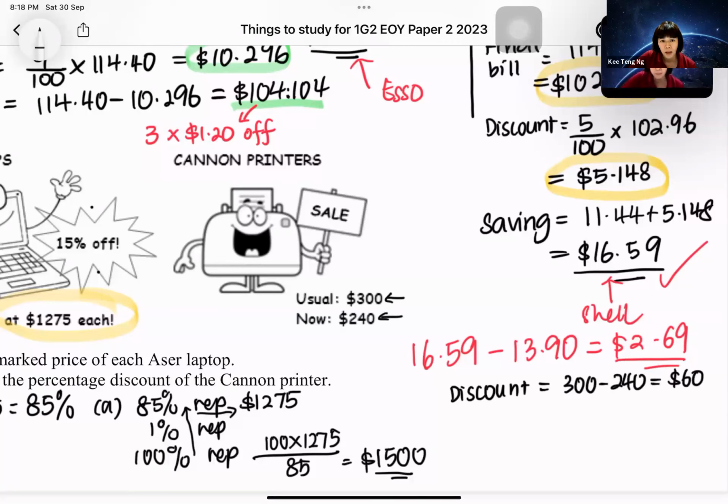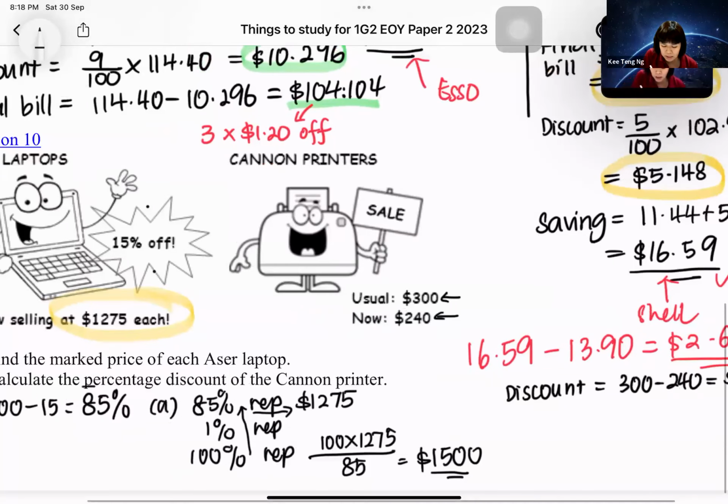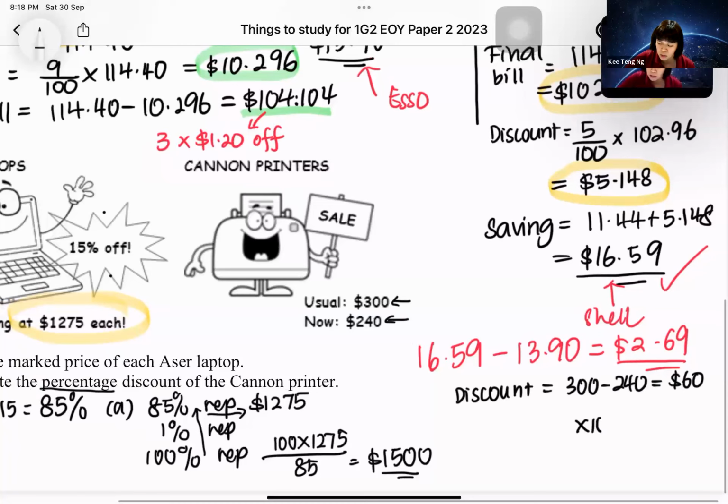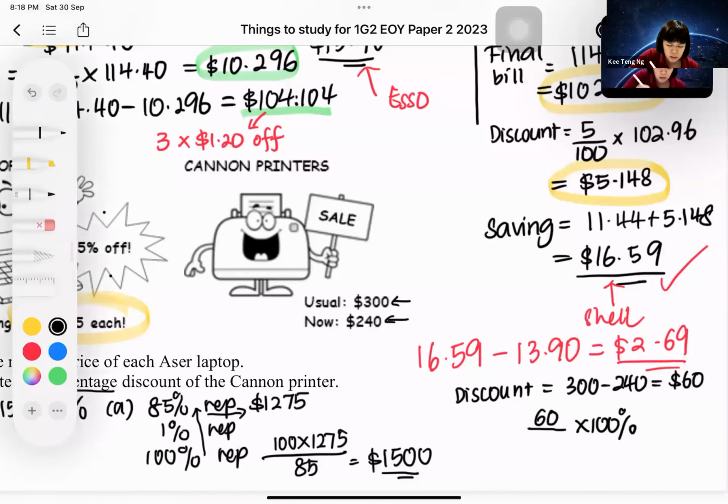Am I right? If I want to find the percentage, I need to times 100%. They never give me a percentage, so on this side I need the percentage discount. Discount 60 over my original price. So this number over here should be my original price. May I know which one is my original price?